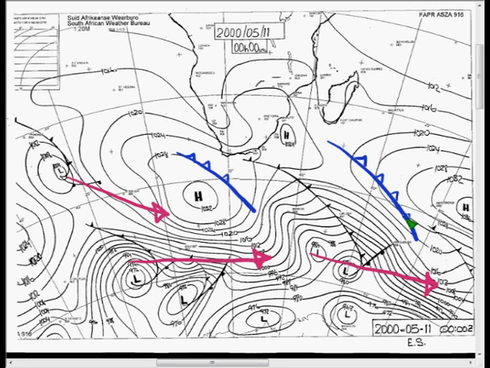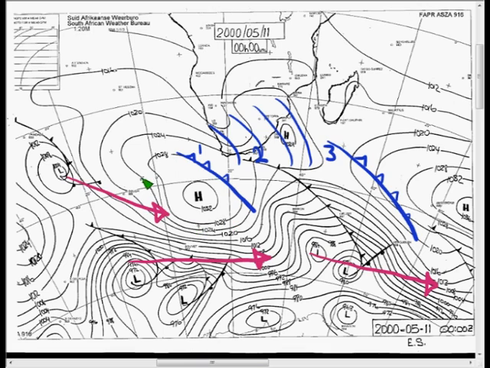So this particular front, that would be its history, say over a 3-day period. And we need to be aware of that all the time, that as far as South African weather is concerned, we are interested in how this front goes across the country and what that effect is. And we will have a look at that on a different synoptic chart where we can see it more clearly.